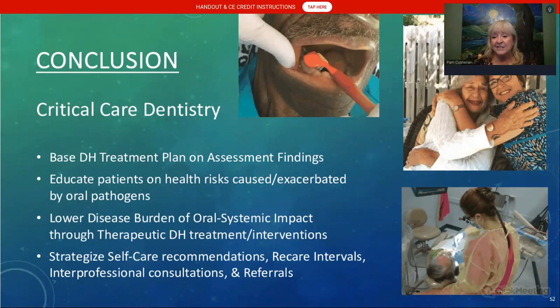Critical care dentistry, this is us, and I'm wrapping it up with this. We help to save lives. We help to improve the quality of life. And that's the entire dental team. We have incredible dentists with incredible dental hygienists and dental assistants that assist in making that a fine flowing patient care delivery system.